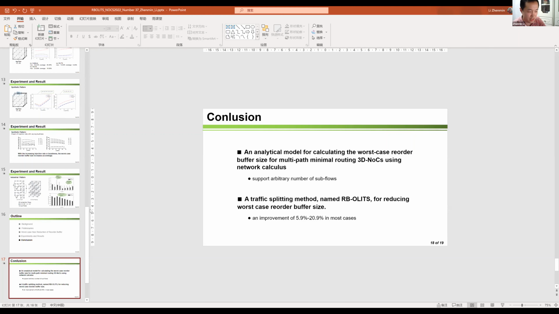The reality should be smaller, much smaller than the calculated value. But in order to achieve safety, we have to follow the network calculus theory and get that value. Even though we haven't tested it in this paper, we have done the evaluation simulation in our previous work, and our calculated worst case values are very safe.